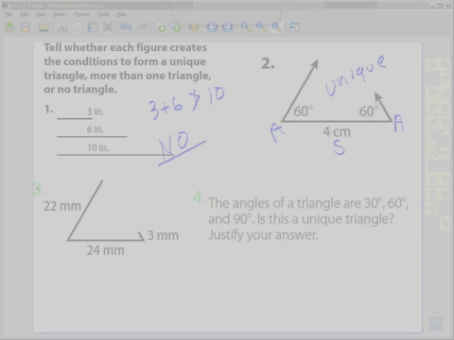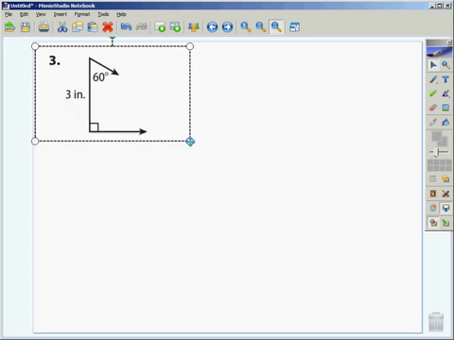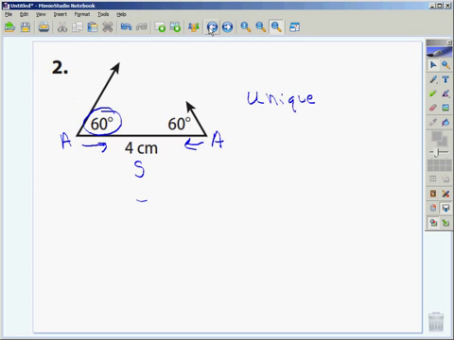Wait, so we take the two smaller ones and add them? Okay. In this particular problem, it has nothing to do with taking the two smaller ones, because this is dealing with angles and sides.